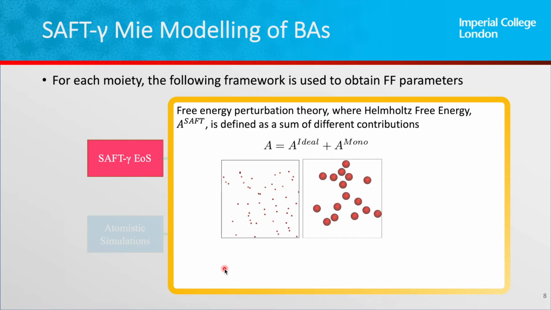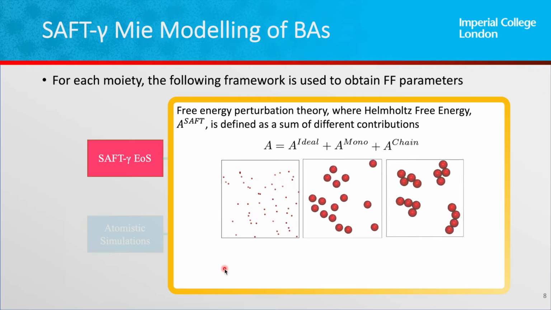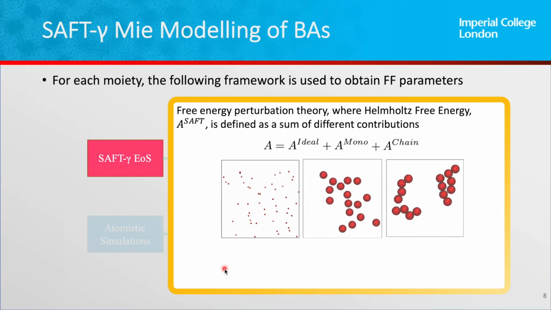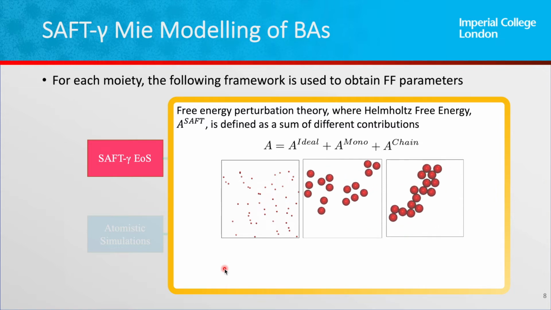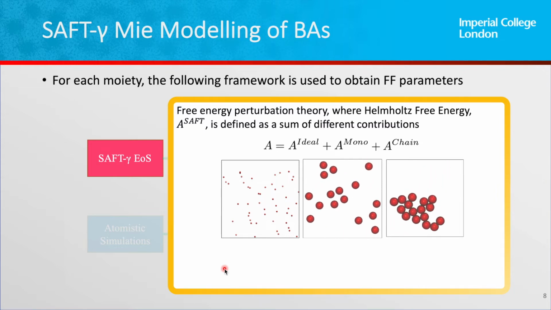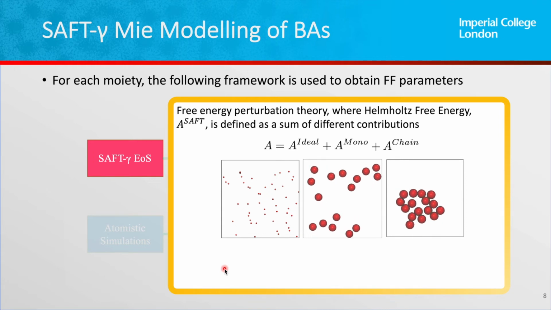Then it says no, these monomers are not really ideal gases anymore. These are actually molecules that interact using dispersion interactions. These dispersion interactions could be Lennard-Jones, or they can be more versatile, as I'll demonstrate in a second. And then finally it says, okay, actually molecules are not just simple monomers, they're chains of monomers. So there is a contribution to the free energy based on this assumption as well.